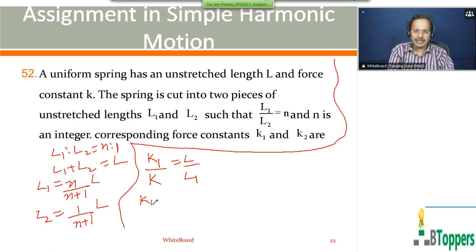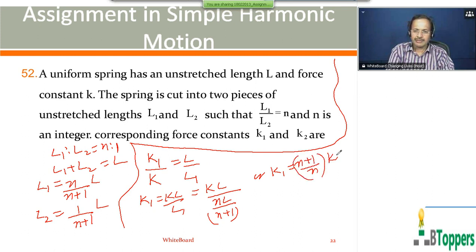So here K1 you can write as KL by L1. L1 can be written as N into L by N plus 1. So you get K1 equal to N plus 1 by N into K. Similarly, the force constant of the second part of length L2 divided by the force constant of the original spring with length L is equal to L by L2.